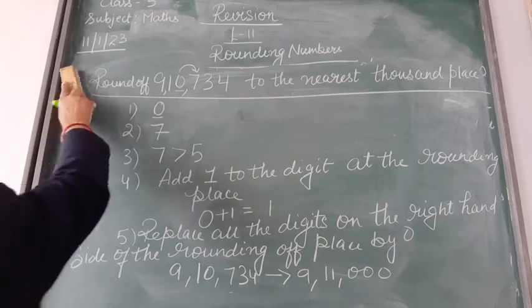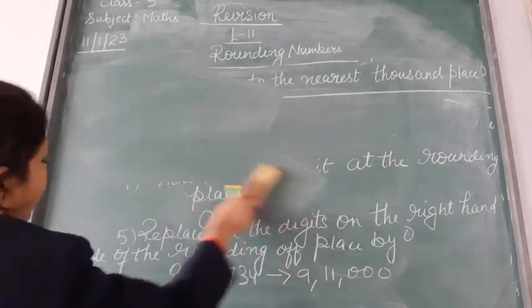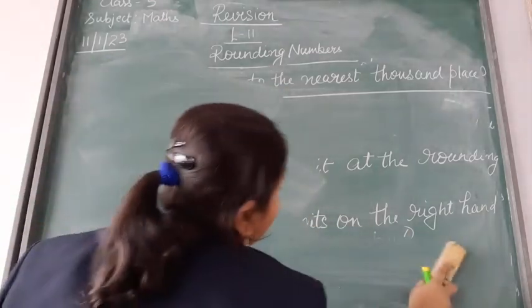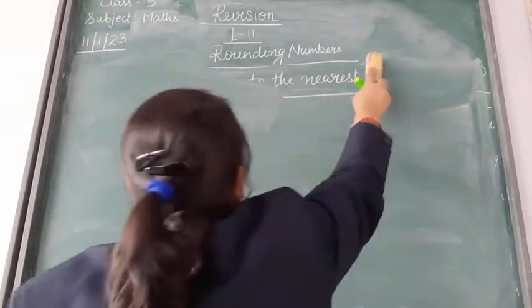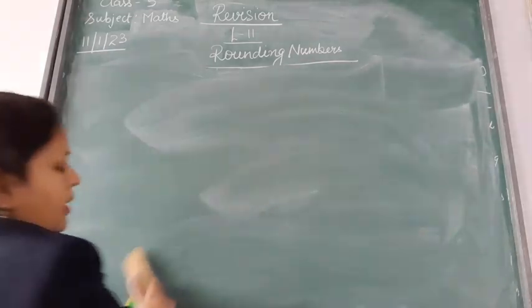So now let us revise how to do the rounding off of the decimal fraction or the decimal number.